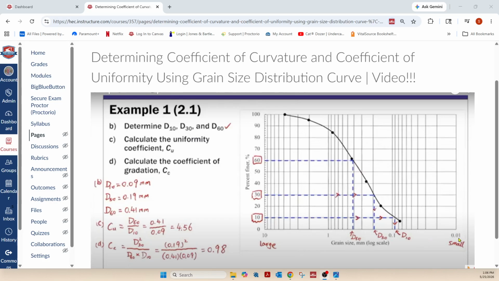Let's see if we can try. This is 0.01, 02, 03, 04, 05, 06, 07, 08, 09, and then we go to 0.1. Got it? Okay. Now, that's reading the scale.